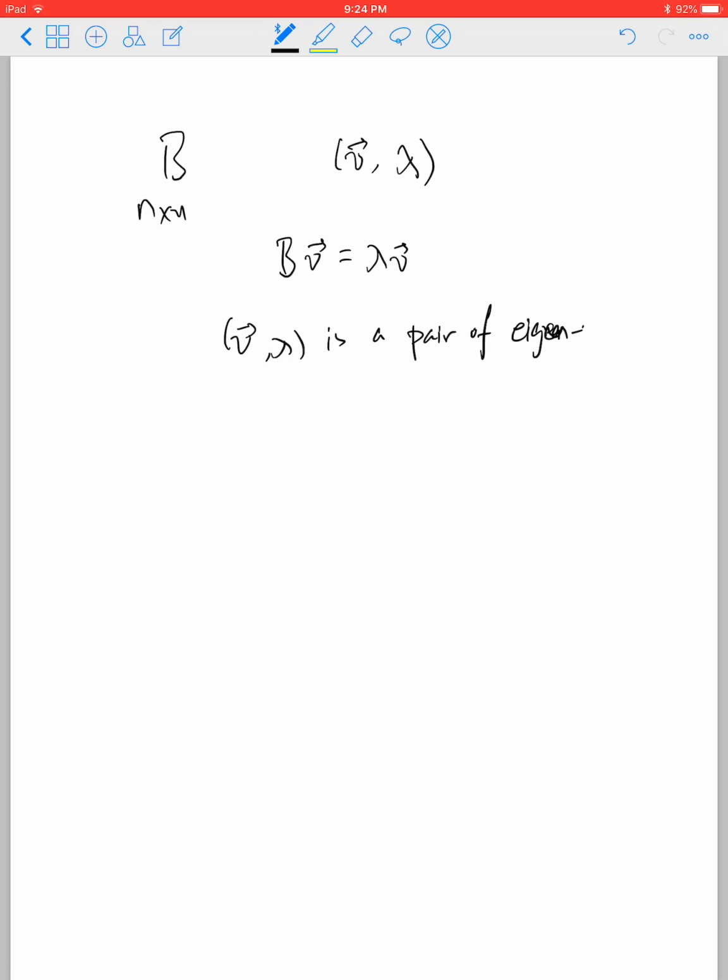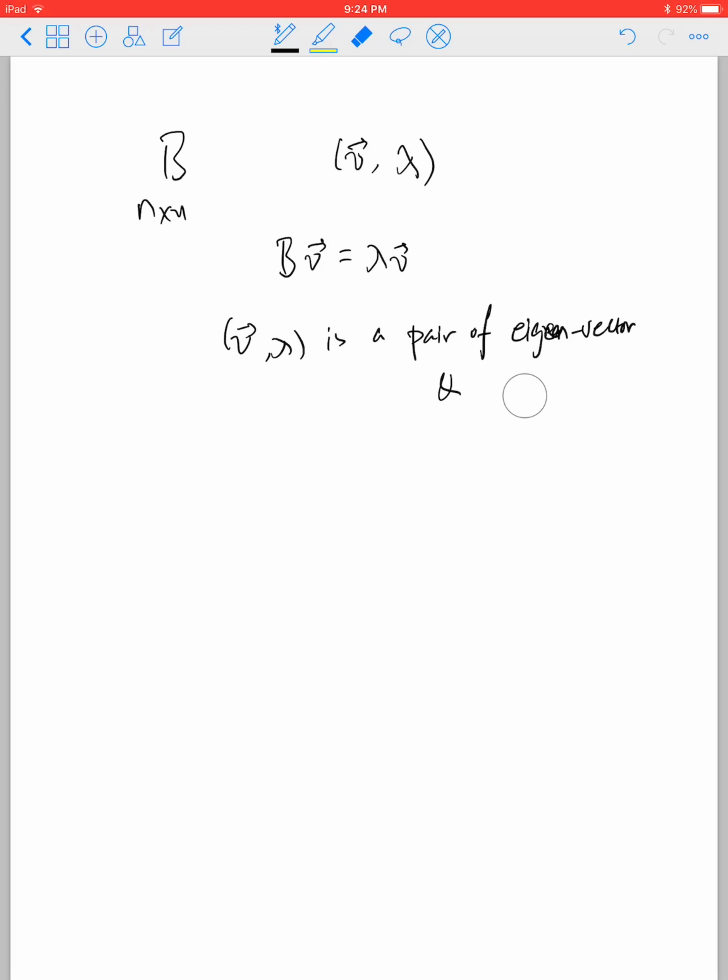Then we introduce eigenvectors and eigenvalues, because eigenvectors and eigenvalues will form another extremely important matrix decomposition called eigendecomposition. So what is an eigenvector and eigenvalue? When we talk about eigenvectors and eigenvalues, we are talking about a square matrix.